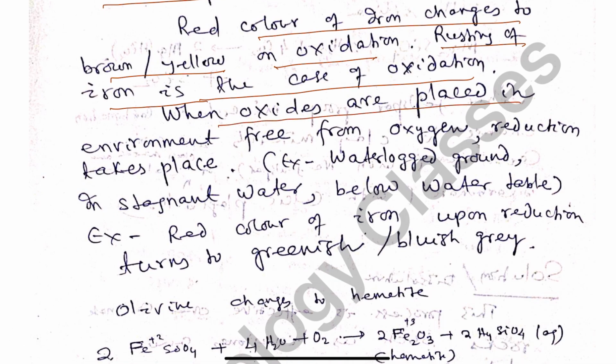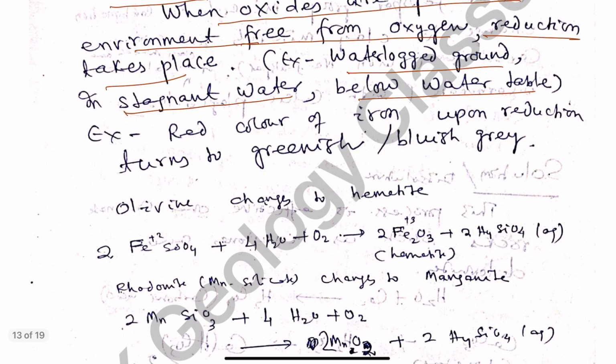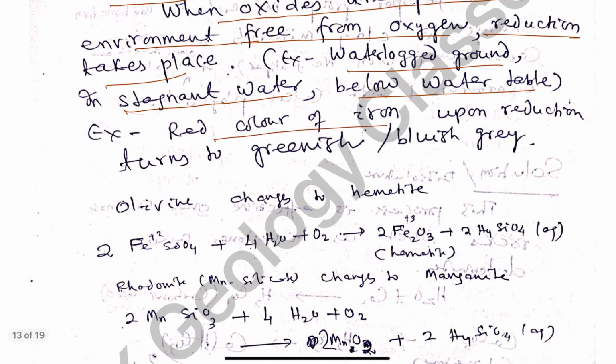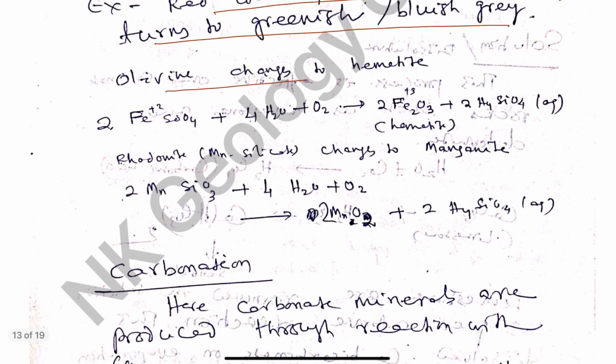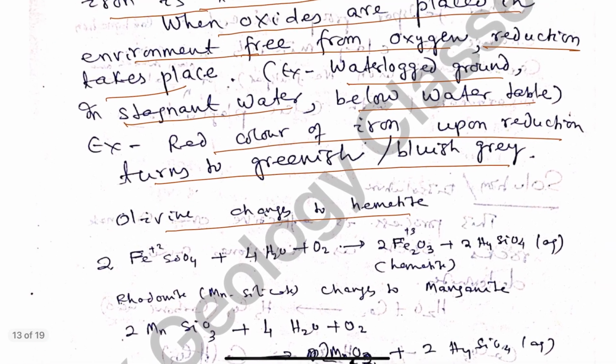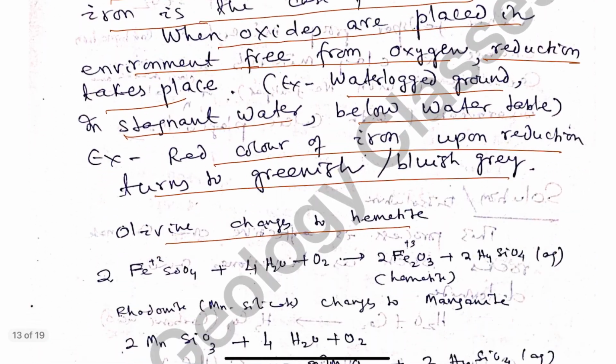When oxides are placed in an environment free from oxygen, reduction takes place, such as in waterlogged ground, in stagnant water, below the water table. Red color of iron upon reduction turns into greenish or bluish grey. Olivine changes to hematite by this process.